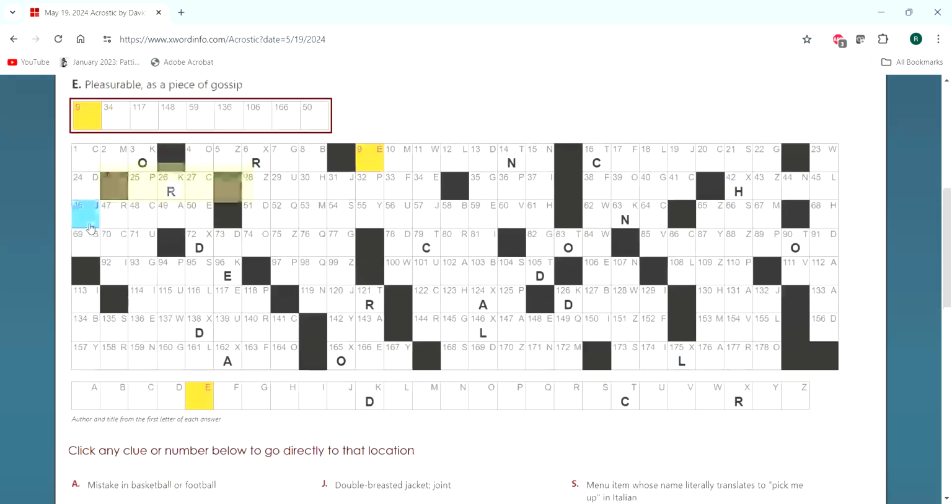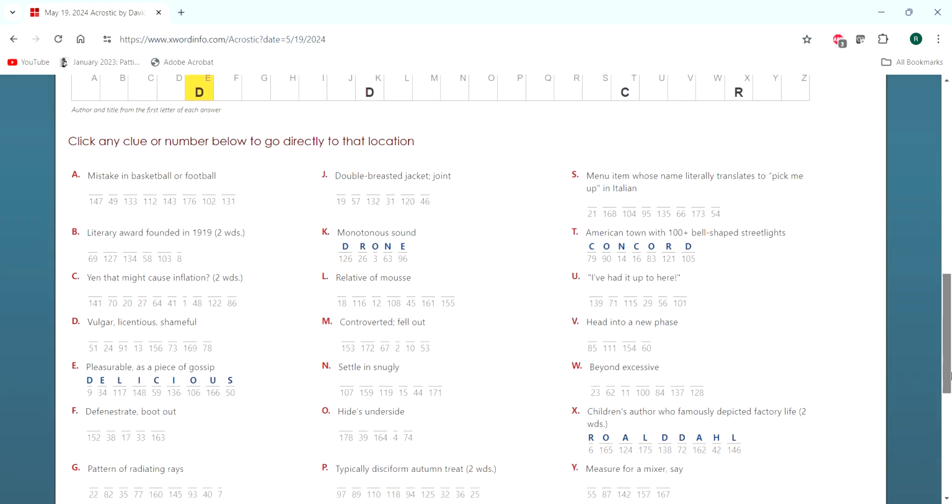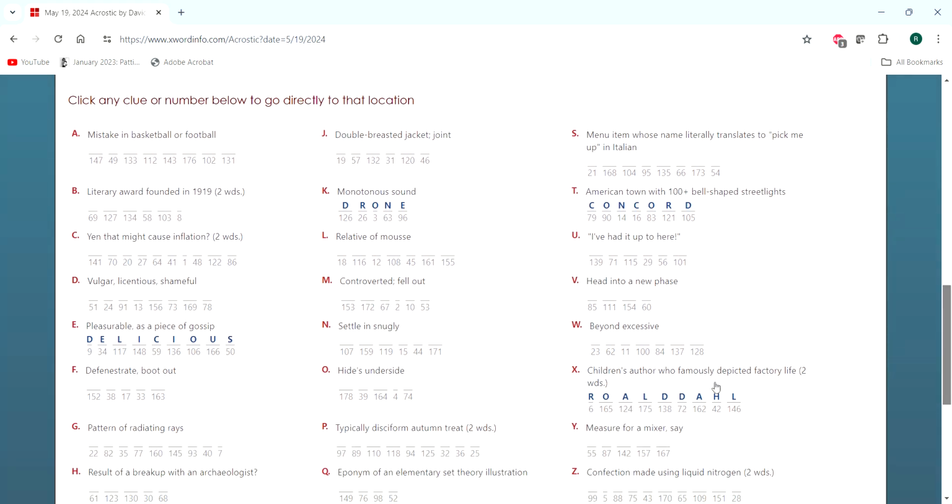Okay, here's one that fits the theme. Pleasurable as a piece of gossip. That also fits the theme: delicious. Yen that might cause inflation.